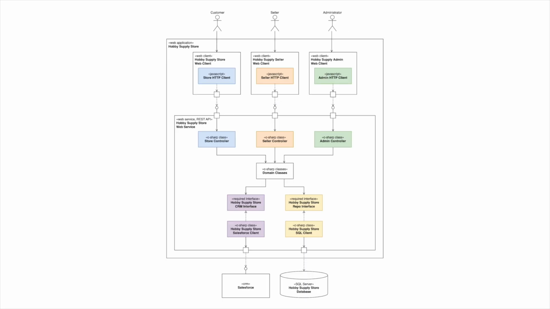Cool, now what about those dependencies at the bottom? How are we going to reduce the risk of database and CRM changes to our domain classes and the rest of our applications? Well, we can put a few more of the SOLID principles to work for this one. Instead of having our domain classes making external calls directly, we can refactor them to make calls to required interfaces instead.